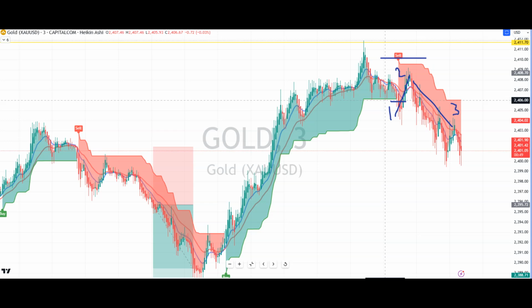So once it goes up to there, 1, 2, 3, you can see it here, change of character, 1, 2, 3. Change of character. So that's the 1, that's the 2, and that's the 3. Okay, always happens. Very reliable.